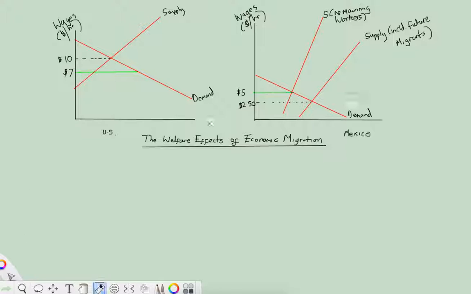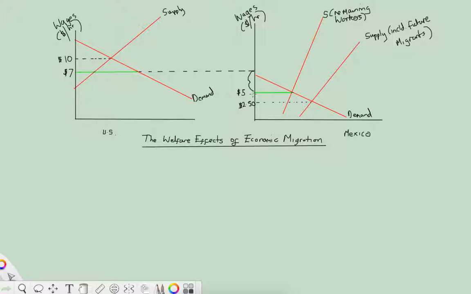And you might at first think, well, why with arbitrage aren't the wages equalized in the two countries? And it's because there are costs of migration. There are monetary costs associated with migration and living in a foreign country, and then there are psychic costs of not having access to normal relationships with families and things like that.